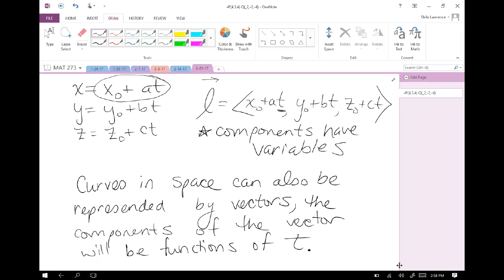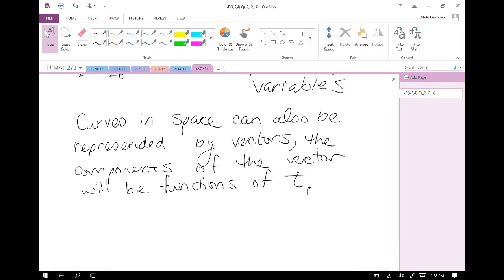So if we changed even just one of those components to a different type of function, like a quadratic function or an exponential function or a trigonometric function, it wouldn't necessarily be a straight line anymore. It would start to have some curve in it. So vector valued functions, we usually call them r of t.